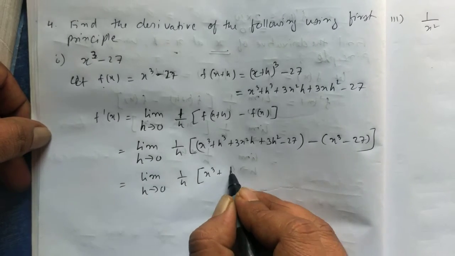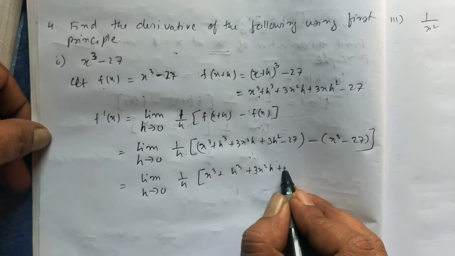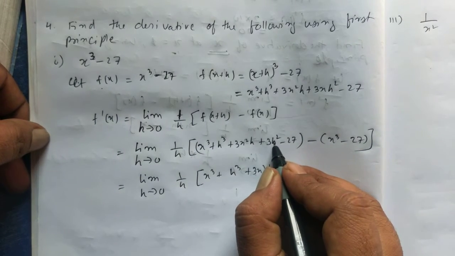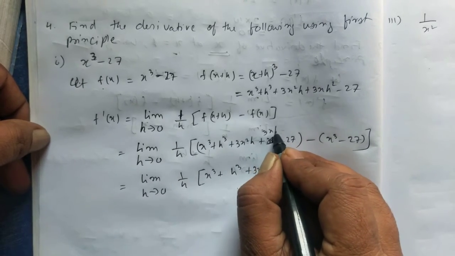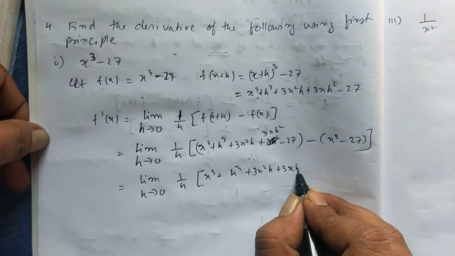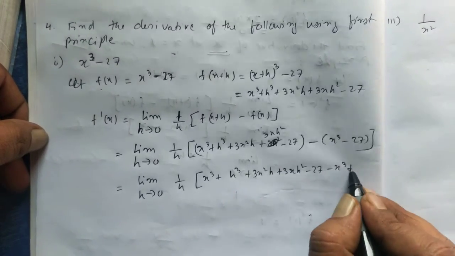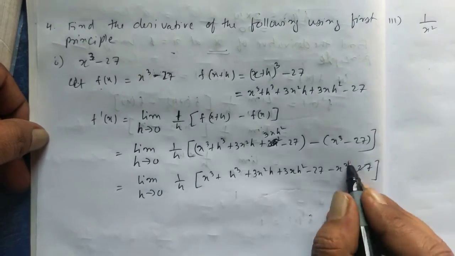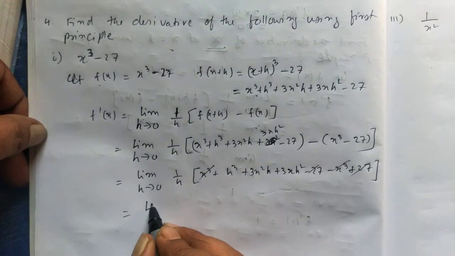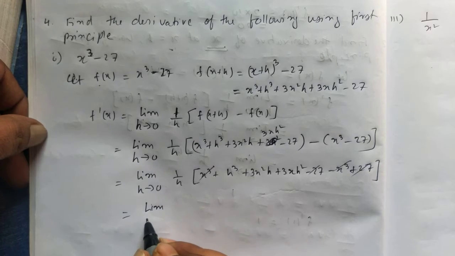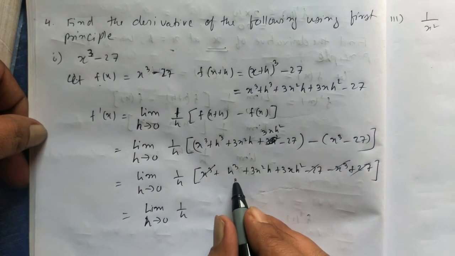x cube plus h cube plus 3x square h plus 3xh square, okay, minus 27 minus x cube, minus minus is plus 27, whichever you can cancel. Limit h tends to 0, 1 by h. What is common here?